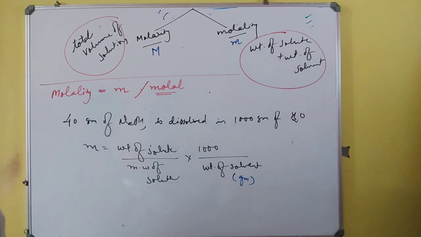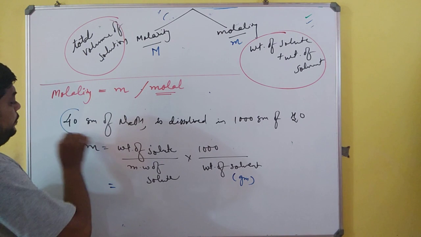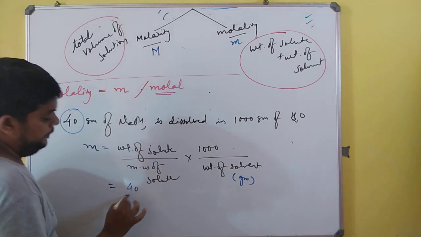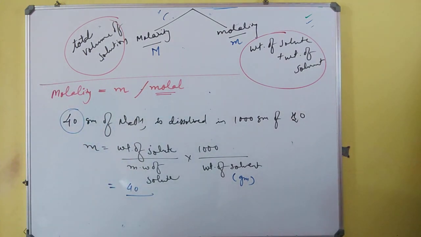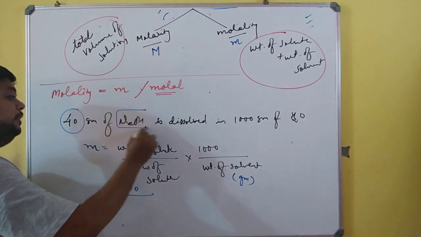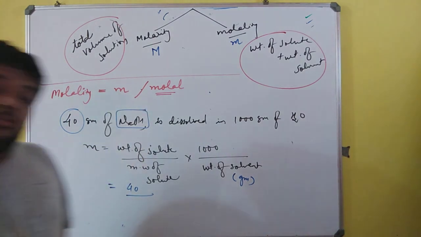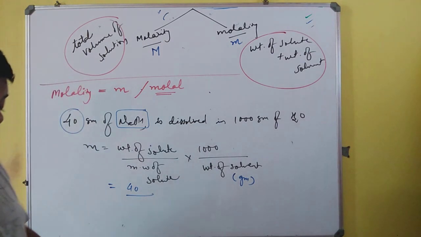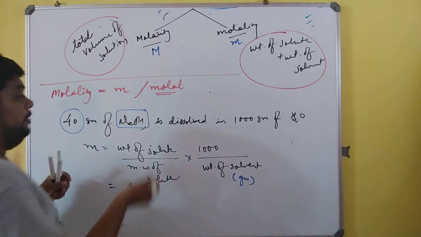This is the difference. So now, weight of solute given to you is 40. Molecular weight of solute: first of all, identify the solute, that is NaOH. Now you know how to calculate the molecular weight, which you have already learnt in the previous videos.